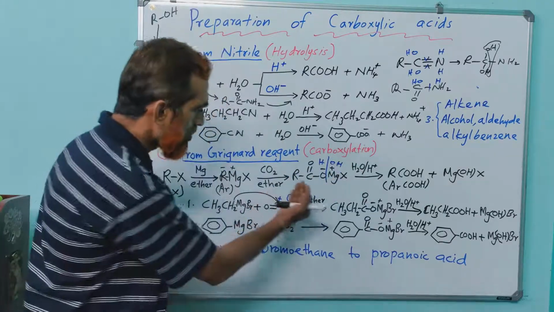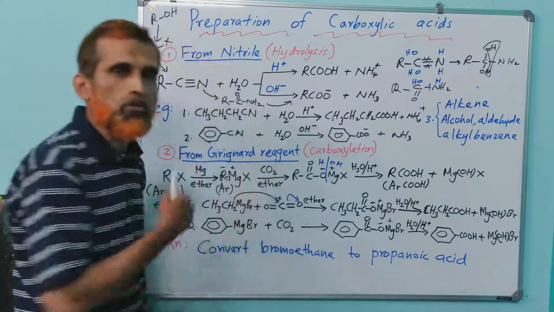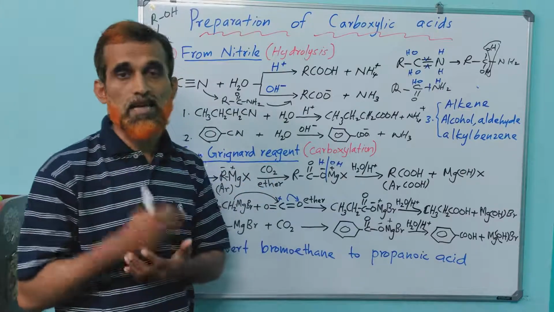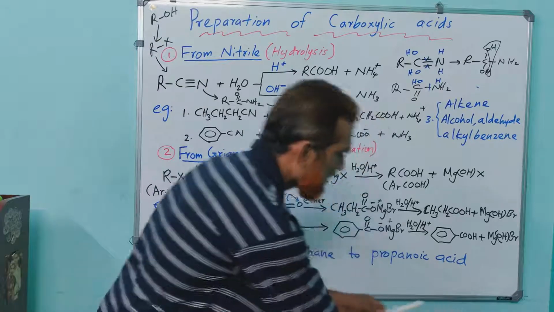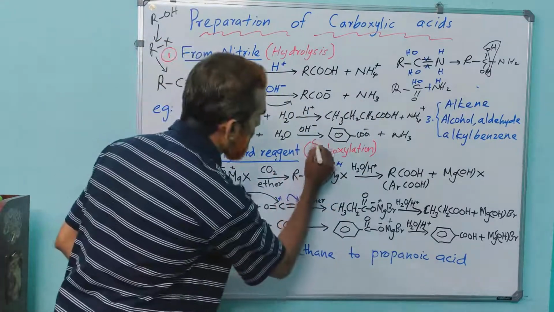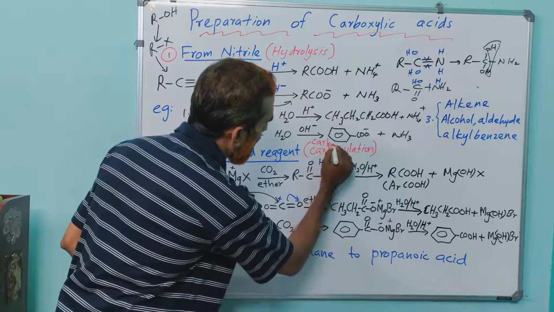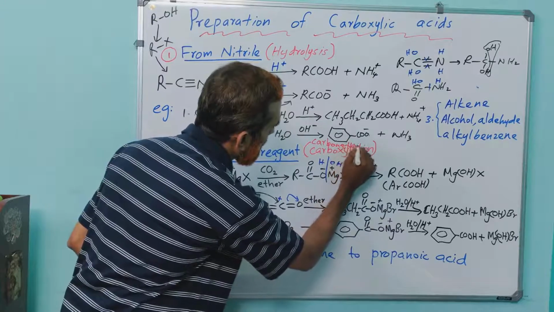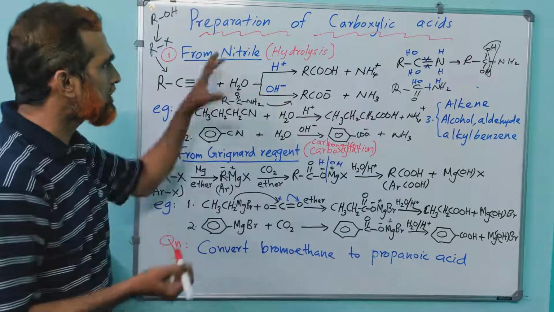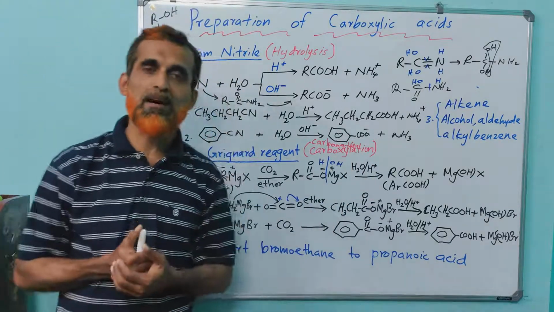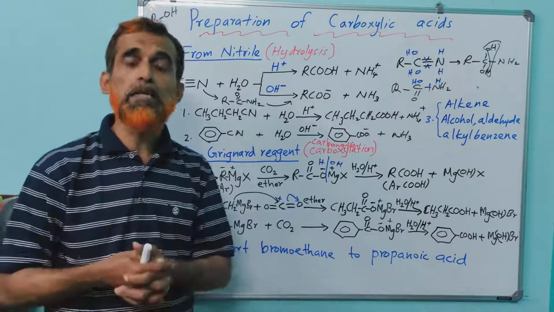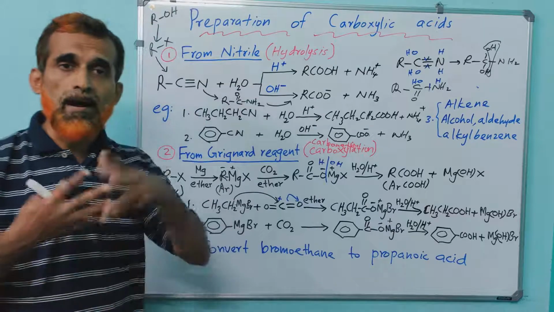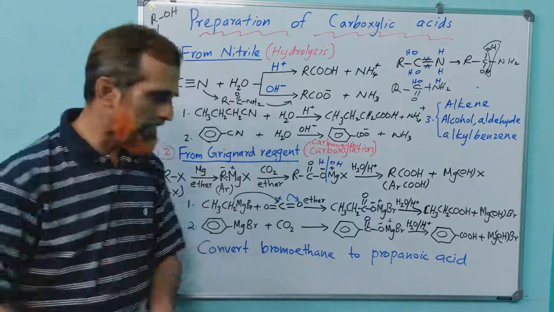Why? Because you are introducing CO2 into this. So it's carboxylation. Carboxyl group is introduced. That's why the name. This is also known as carbonation. So these two methods are synthetically very important because they provide a synthetic route for preparing higher acids or ascending series.